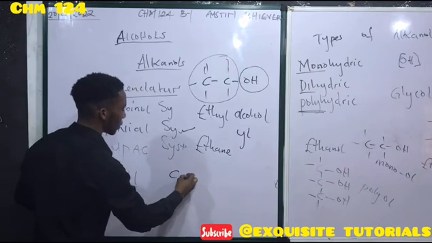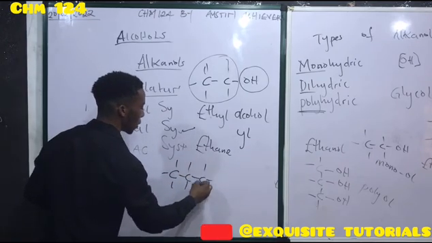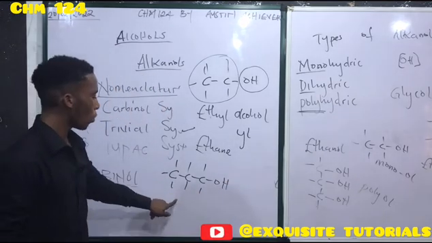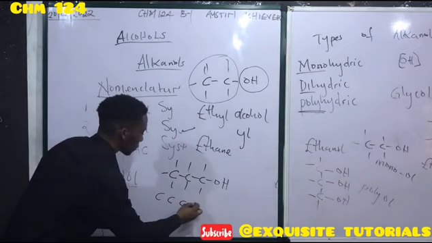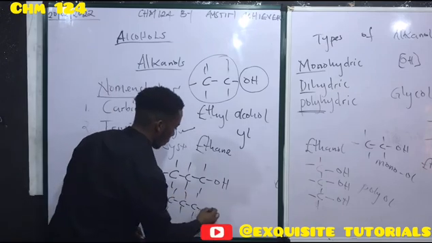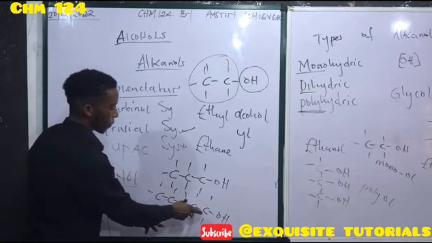Let's take a look at this. What is the name of this? Of course, we know already. This is propyl alcohol. Then what about this? 1, 2, 3, 4, 5.